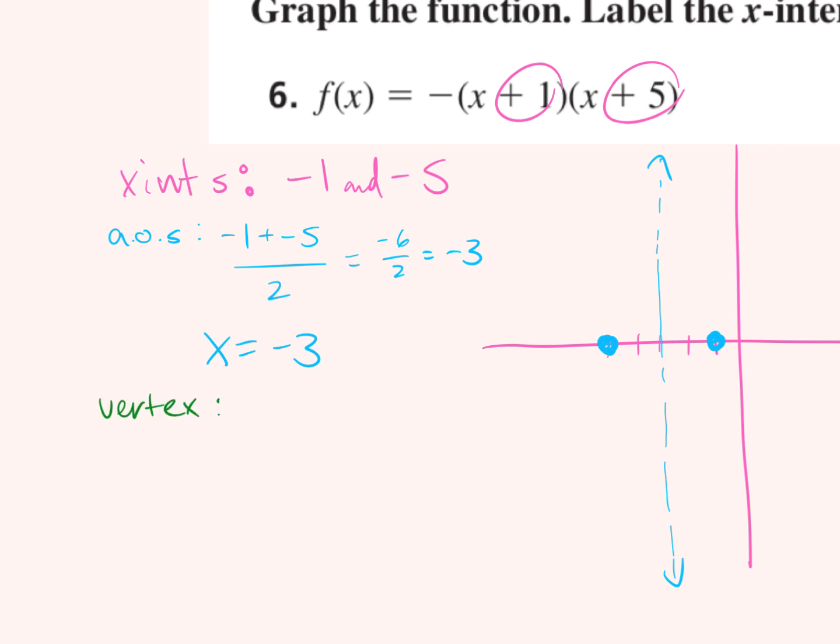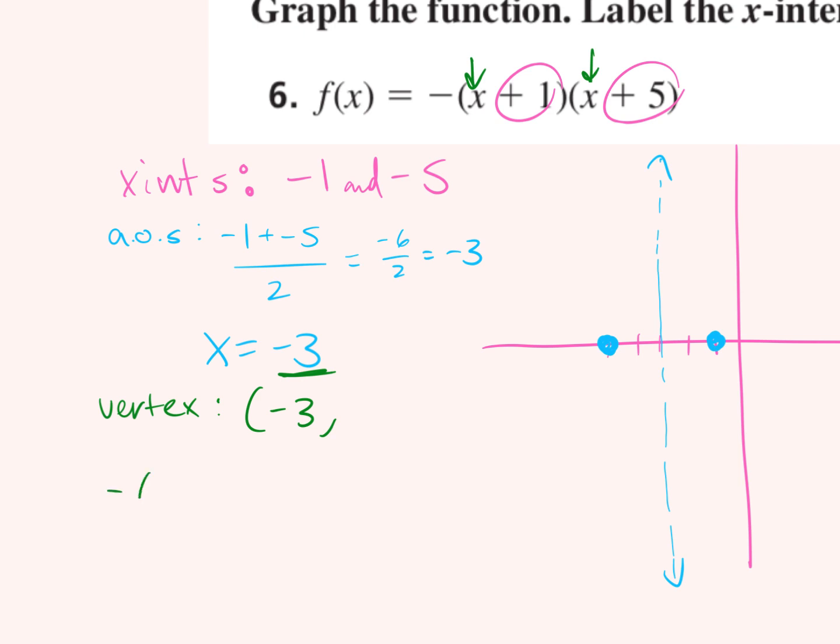All right, next we want to find the vertex. What's the first number in my vertex going to be? Negative 3. Same as our axis of symmetry. How do I find the second number in the vertex? Plug it in. We plug it into the x's.